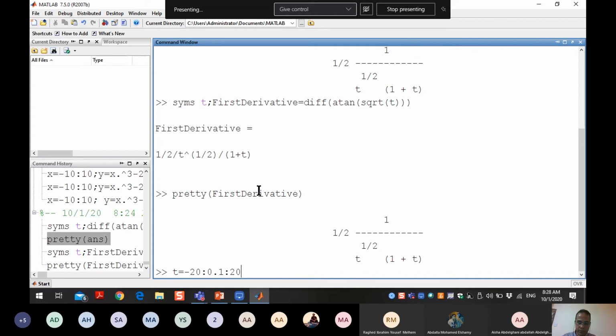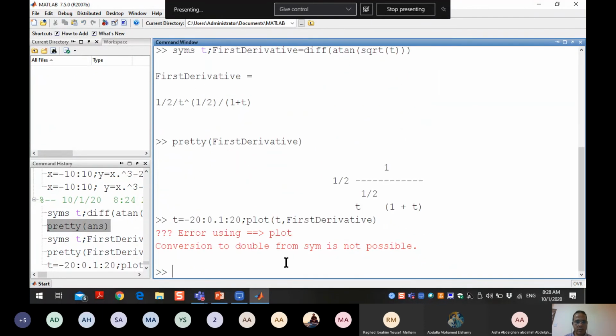You can change it, it's up to you. Semicolon. Plot what? As your classmate said, t, comma, and I get the name first derivative here. No need to retype, you can use copy and paste. And we will see whether we have the result or not.